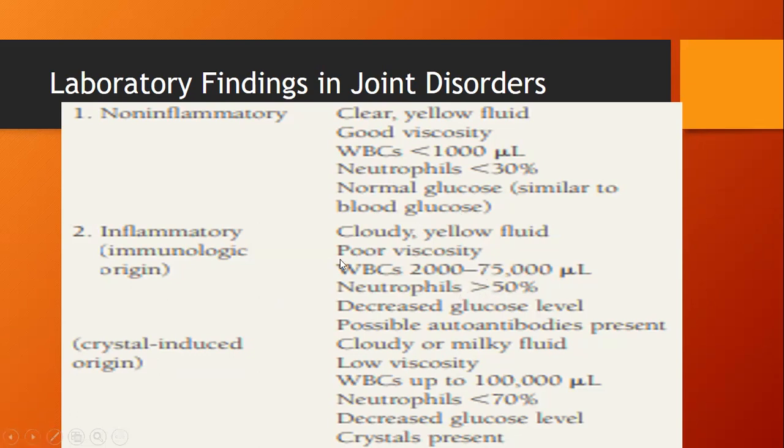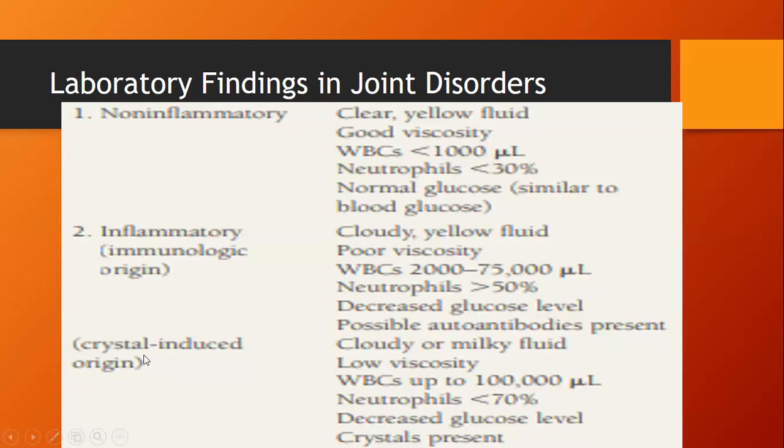Since you have higher cellular elements, these cells consume more glucose for their metabolic requirement. That's why in inflammatory states, you have decreased glucose levels in the synovial fluid, and also possible autoantibodies present.